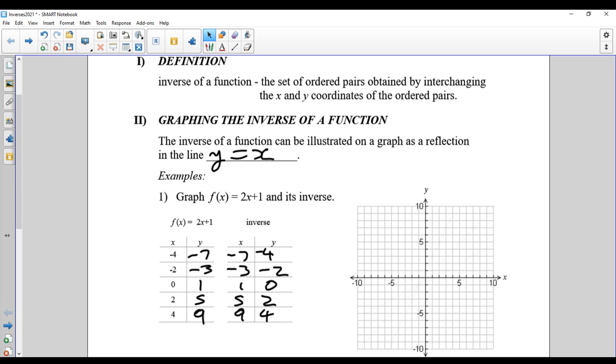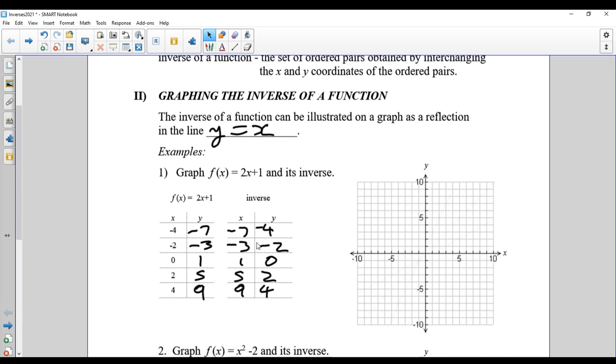All right. So what does it look like on a graph? Well, let's go ahead and draw both lines on the same graph. Minus 4, minus 7 should be somewhere around, let me get a different color for this. So minus 4, minus 7, I'm going to say is here.